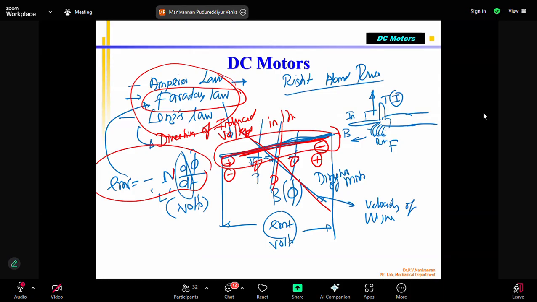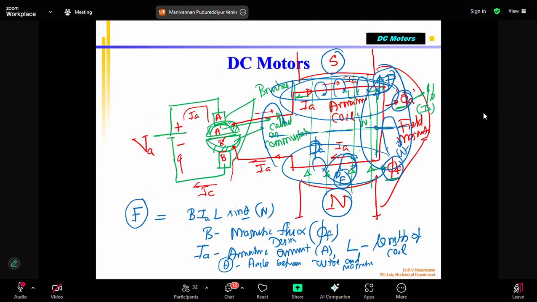That means this is the basic equation for a generator. How much voltage is produced by an electric generator is governed by this equation, invented by Faraday. Already I told you, I have a field magnet which is fixed and not moving. The armature coil is rotating inside the field magnet.